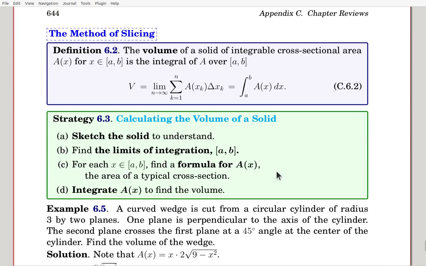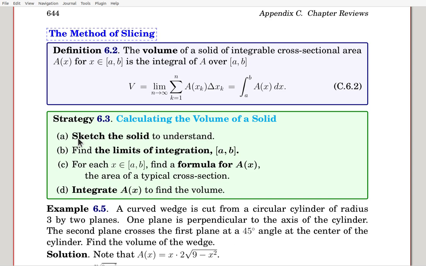So here we have a strategy for the computation of the volume of the solid. First, sketch the solid to understand the problem.